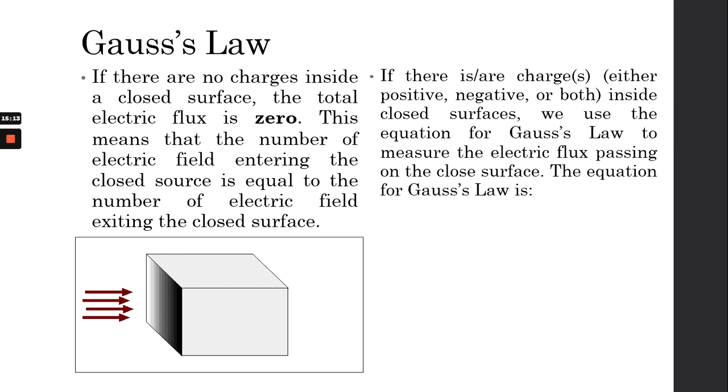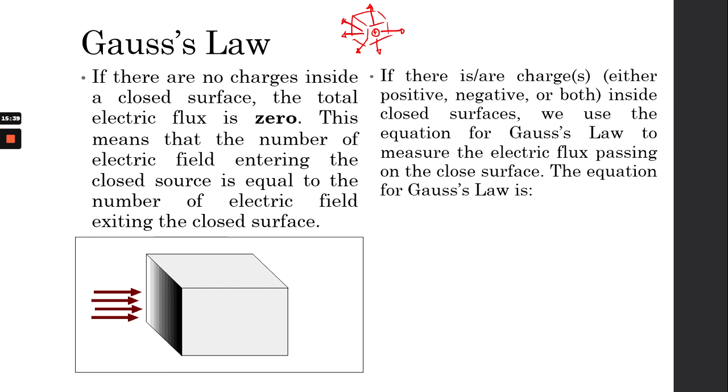So what happens is that you have a box right here. For example, this is your box right here. And the charge is inside that box. And remember, for positive charges, the electric flux is radially outward. So you have the electric flux that is basically coming from the inside out of your surface.